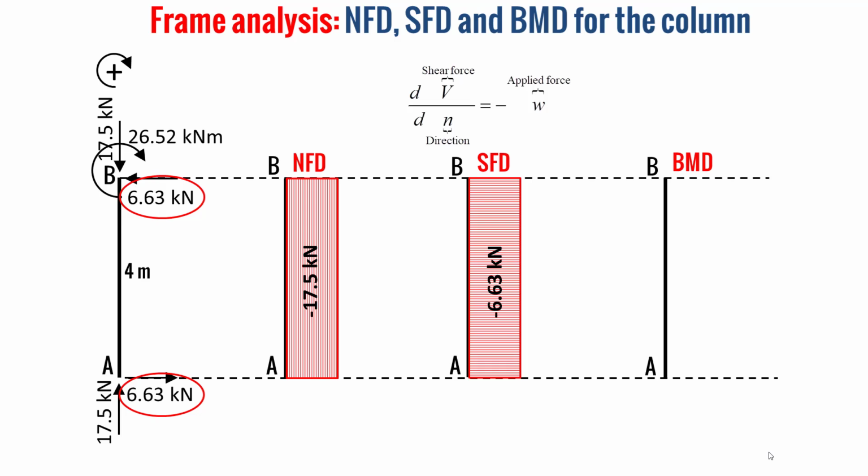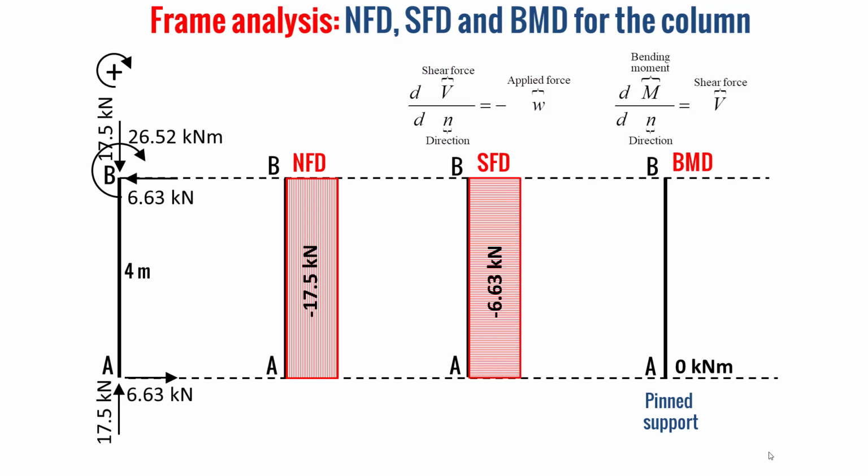Now for the bending moment diagram, we have a pin support at the point A, so the column is free to rotate at the point A. So we will have a bending moment equal to 0 kilonewton meter.